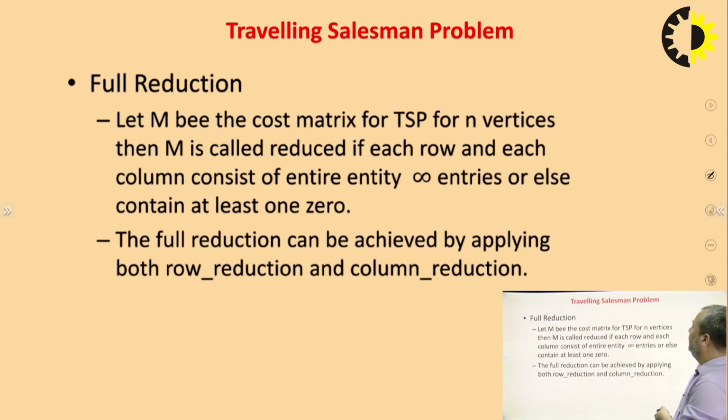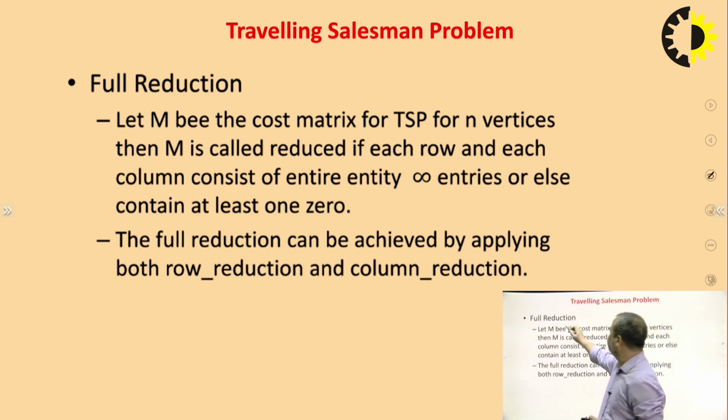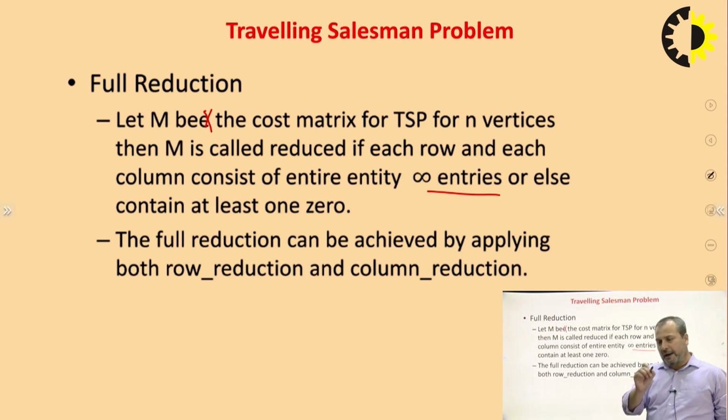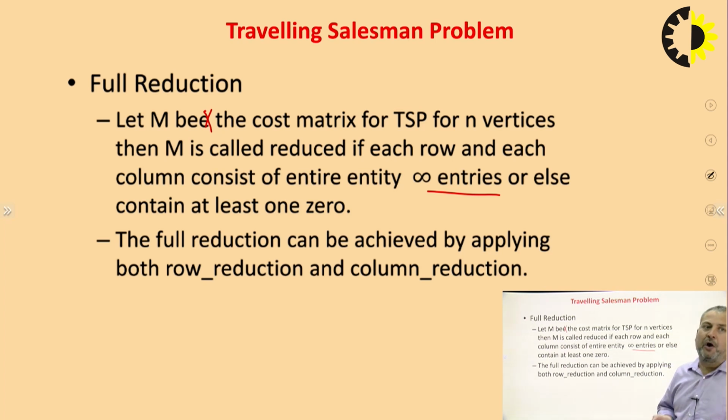So, full reduction: let M be the cost matrix for TSP, the traveling salesman problem, for n vertices. Then M is called reduced if each row and each column consists entirely of infinite entries, or else contains at least one zero. Reduced matrix means all rows should contain all infinite entries or a zero.